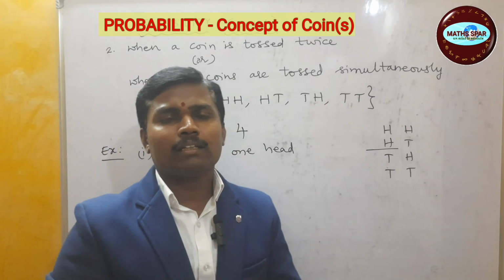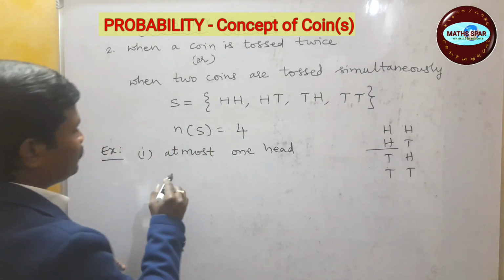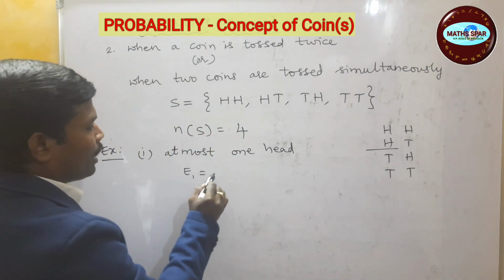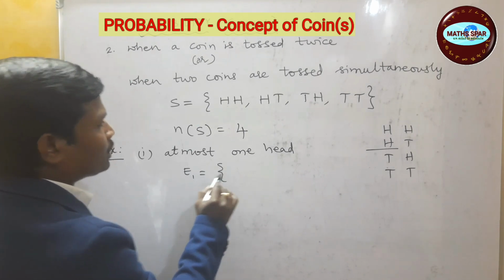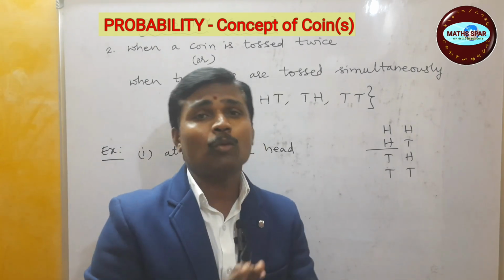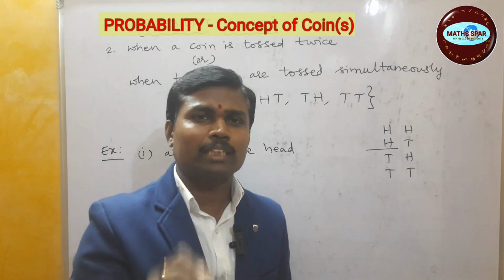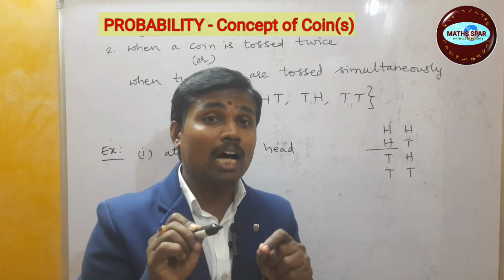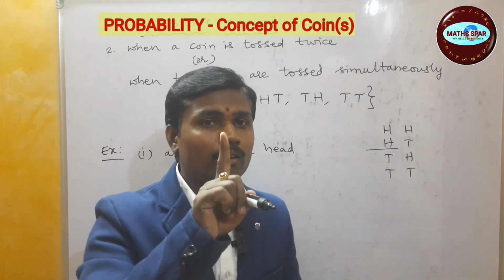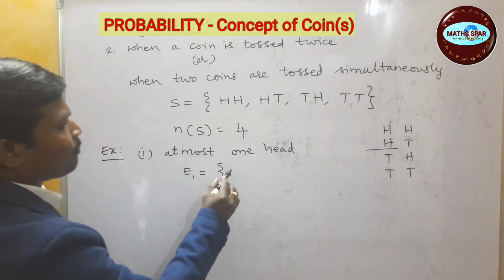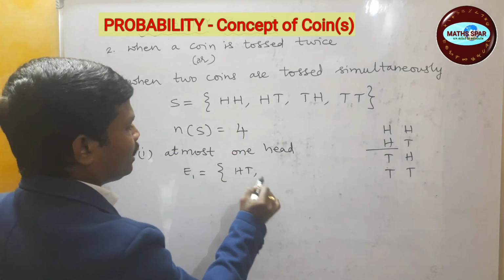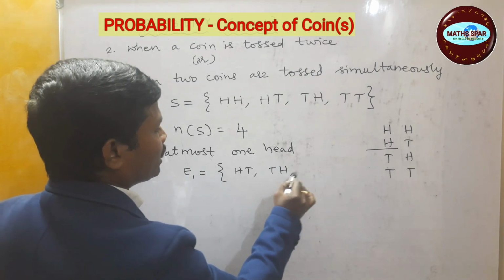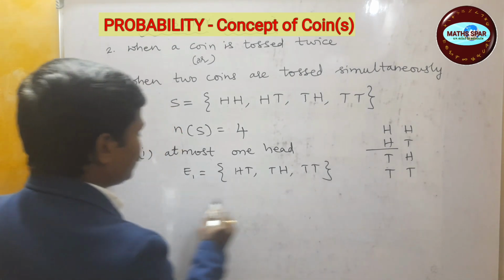What do you mean by at most one head? At most one head is nothing but, even if there is no head, no problem; the maximum number of heads that should exist in the outcome should be 1. That is, head tail, tail head, tail tail.